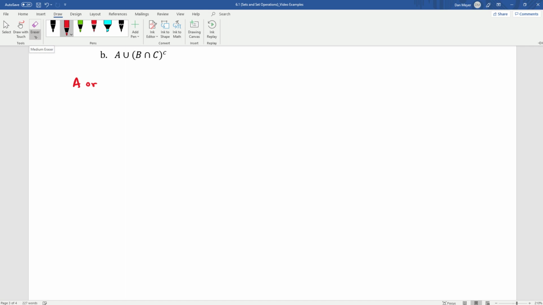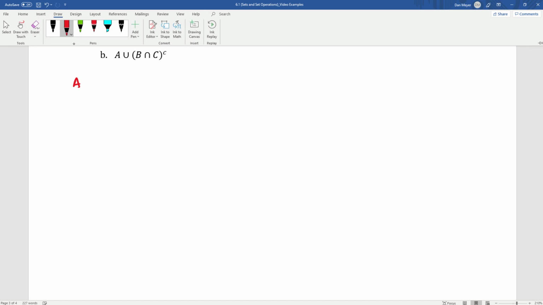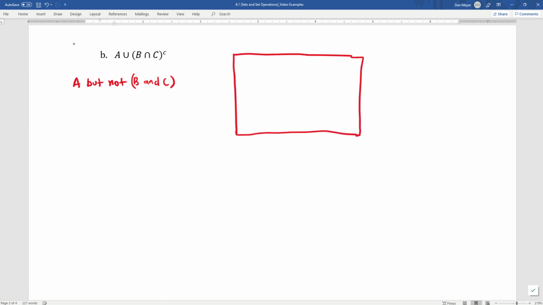Since we got a complement there, I would be inclined to think about this as A but not B and C. Okay? So that's what I'm thinking about, in terms of just kind of English language thinking.